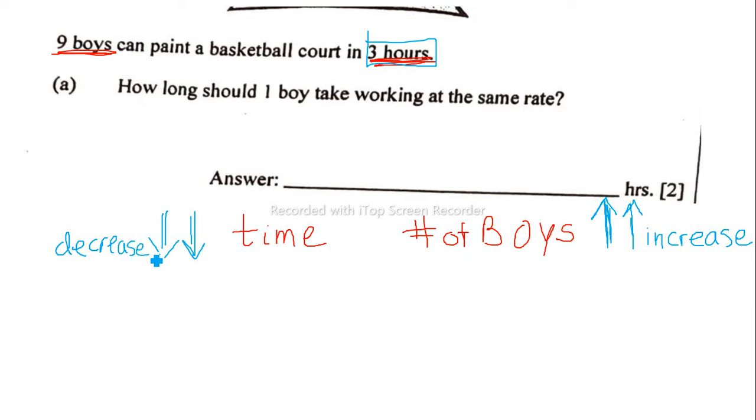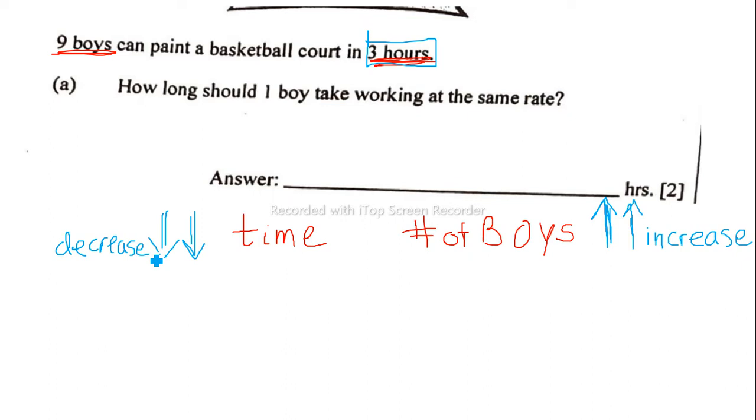And so what is the relationship between time and the number of boys? They're inversely proportional. So we say that time and the number of boys are inversely related.